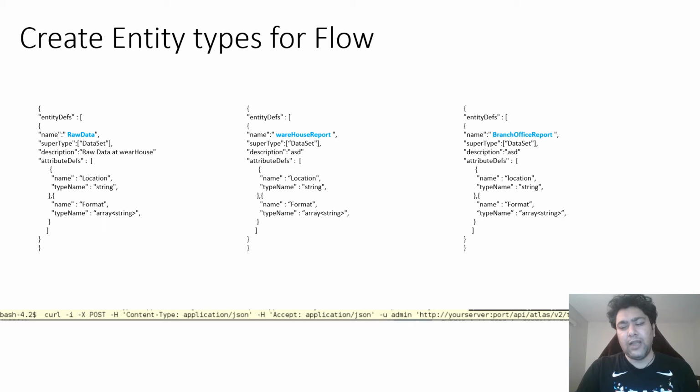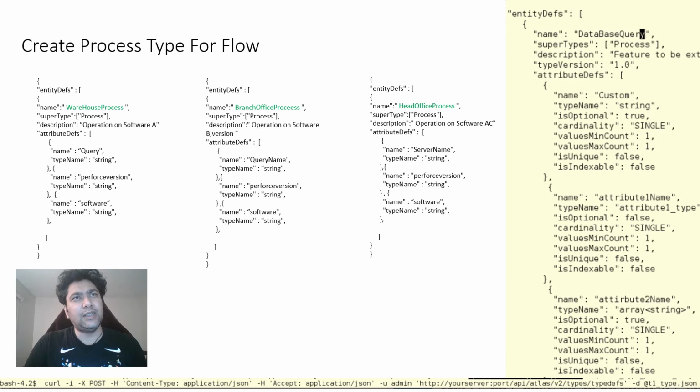Now, as our datasets are created, we move to the other part, the things that were marked in green. Those were the processes. Now it's time to create the processes. If you remember my video of introduction to Atlas, I showed how to create a base process there.